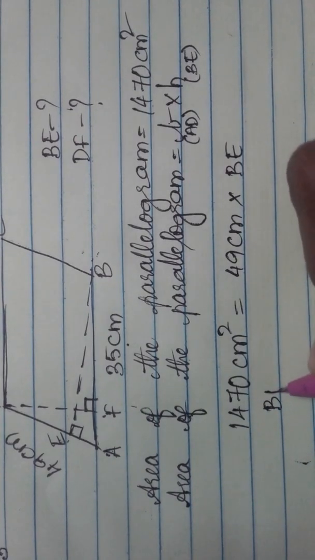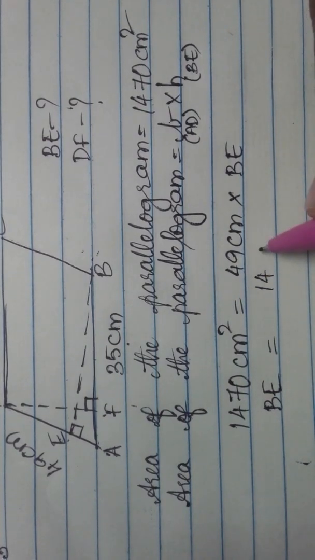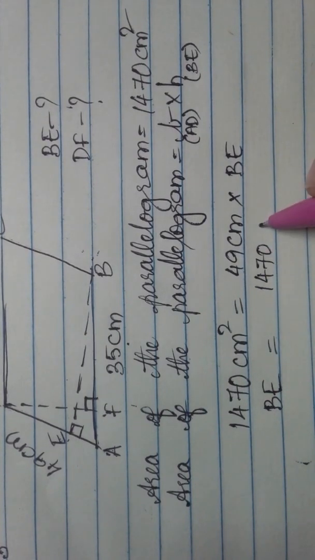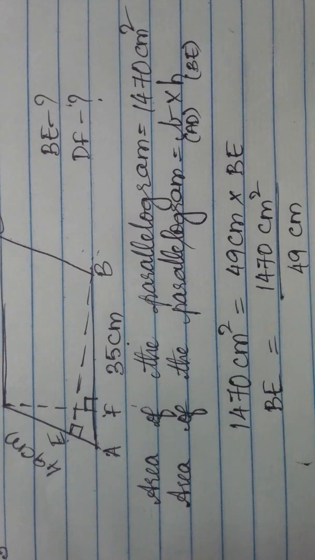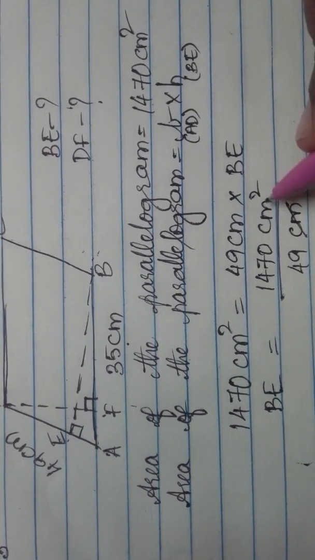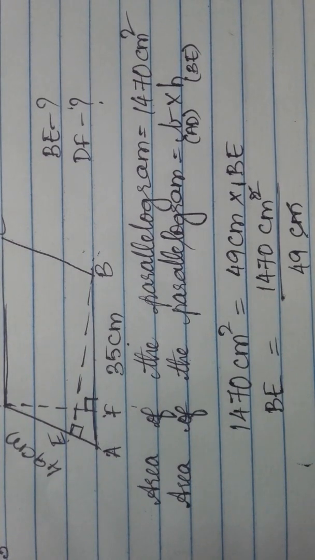To find out the height BE, we have to transpose 49 to the other side. So it becomes 1470 centimeter square divided by 49 centimeters. Now let us cancel. Centimeter and 1 centimeter will be cancelled. 1 more centimeter is left.